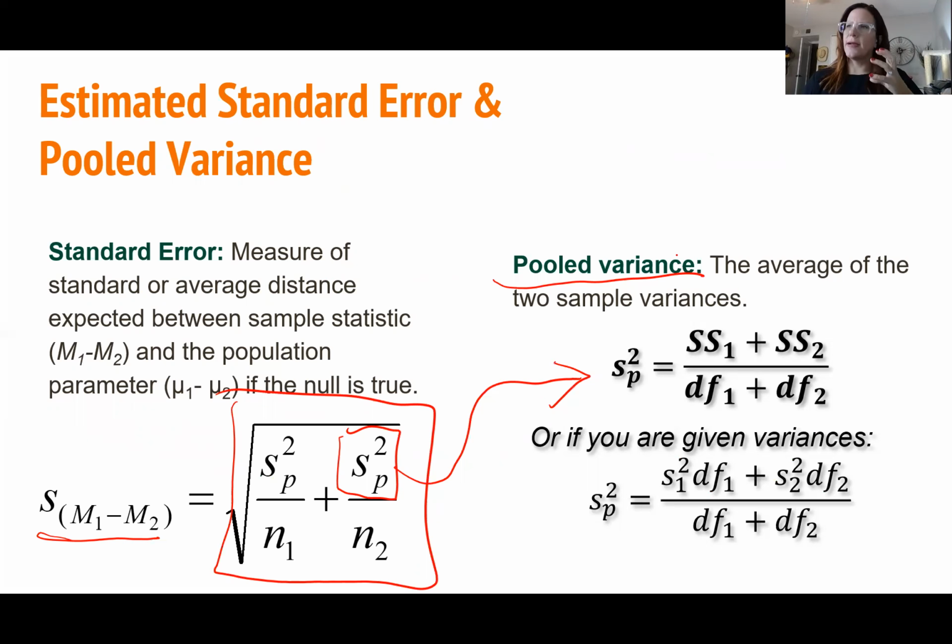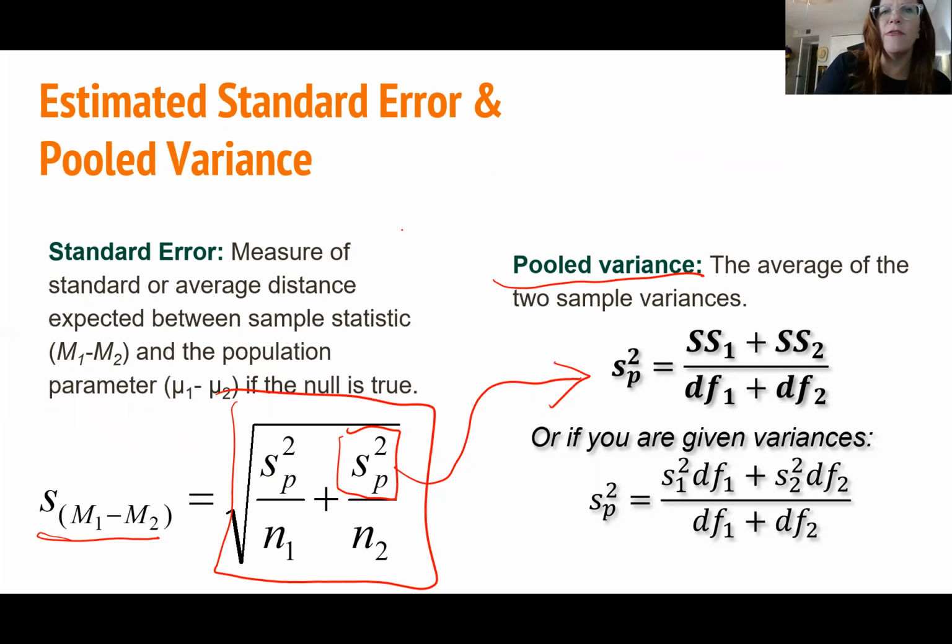So that's where I said you have equations within equations. Your pooled variance is basically you take the variances of the two individual samples and you pool them, like you did a weighted mean in the past. You're going to pool those variances together.